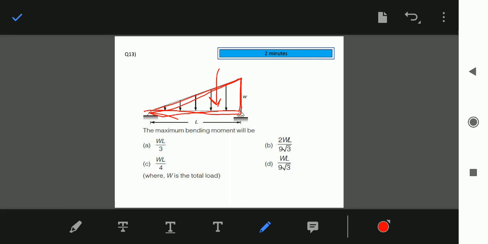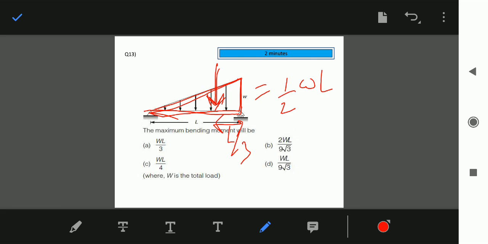So CG will be acting at L by 3 from this side, and the total weight will be assumed to be acting at this point as a point load. Okay, so total load for this triangle will be half into base into height, so WL upon 2.